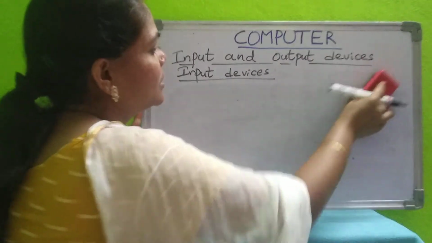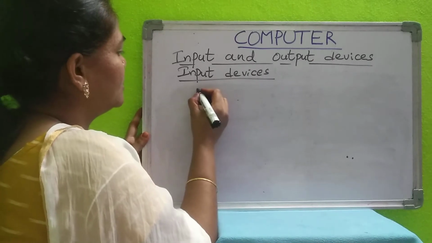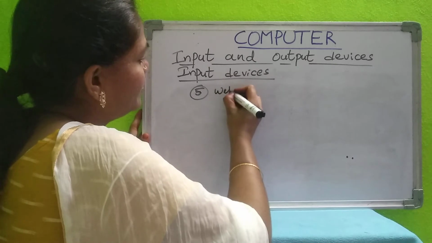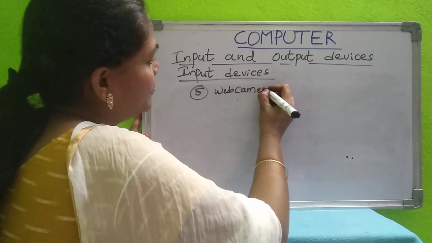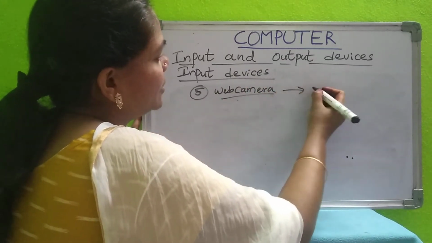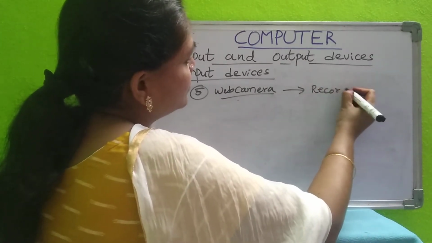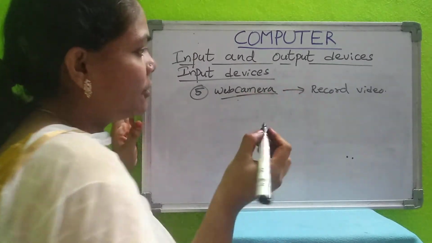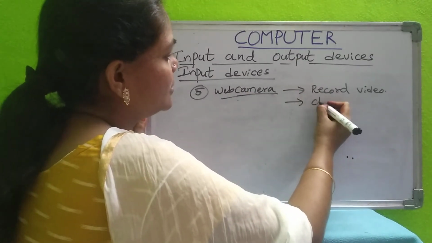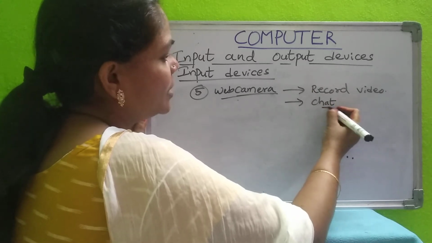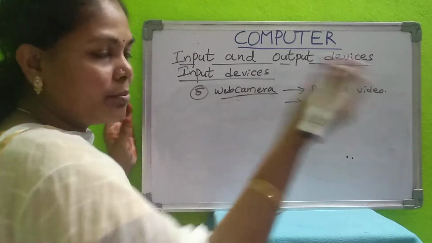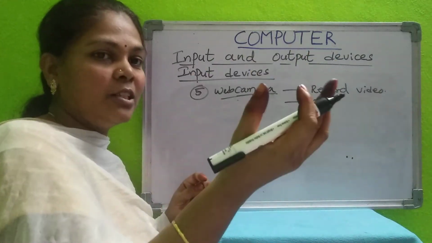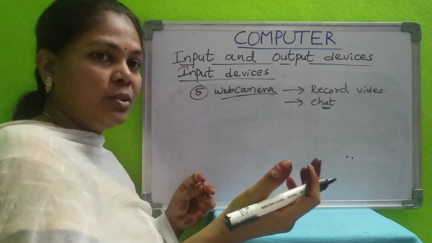The fifth one is web camera. We can connect this web camera to the computer so that it can record videos. Using this web camera you can record video or any chat. If you are chatting with others, you can see that person through this camera on your computer, and others can see you also.